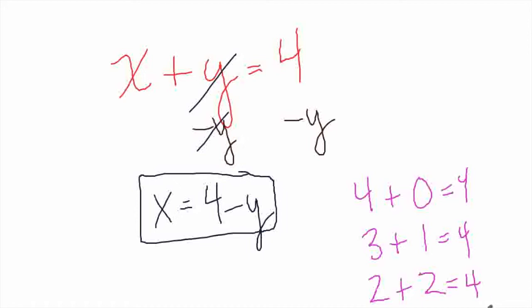Please, there's nothing mysterious, nothing extra here to really learn. You just treat other variables like numbers. You move them all around the same way. Now there is one thing you have to be careful of. You are allowed to divide both sides of an equation by everything except 0. We already knew that, right?